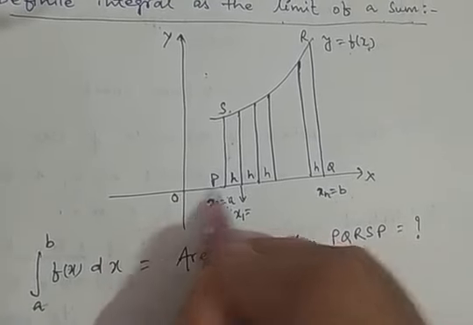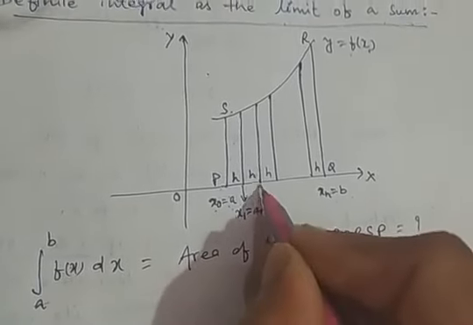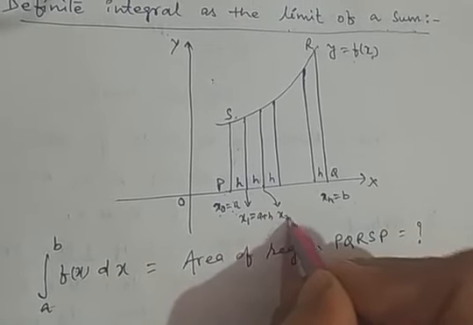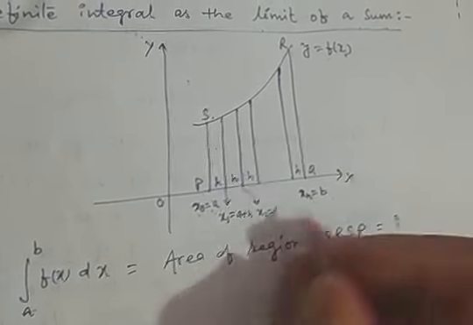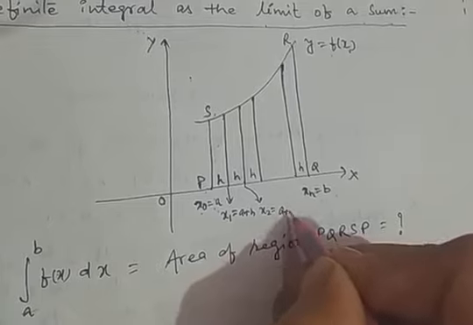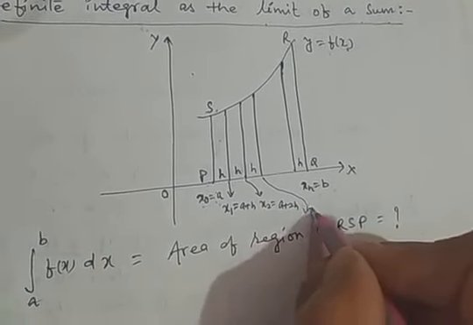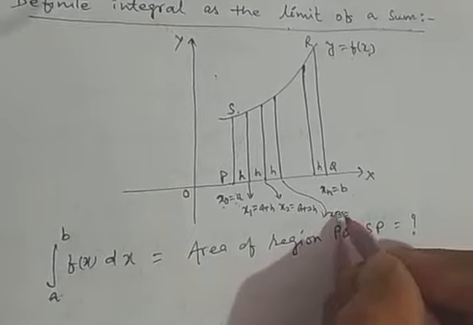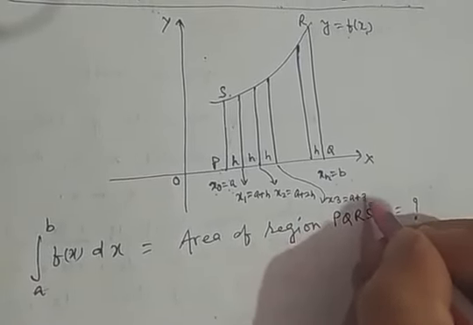So here x naught is equal to a, and x1 is equal to a plus h. Here x2 is equal to a plus h plus h, that is a plus 2h, and similarly here we can write x3 is equal to a plus 3h.